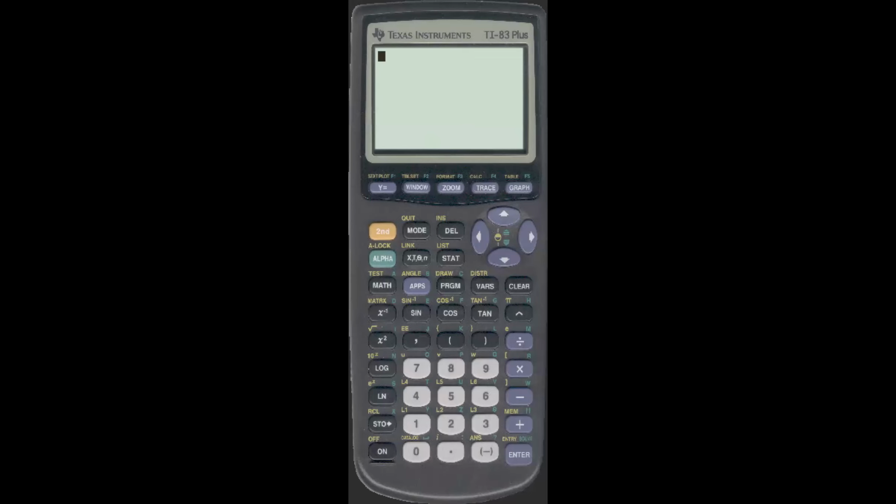So you should be seeing my screen. You want to go to y equals and type in the function there: x cubed minus 3x squared minus 105x minus 101.